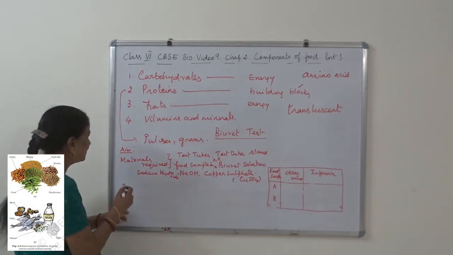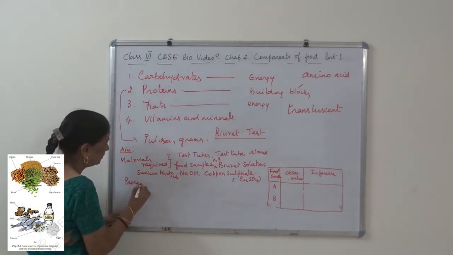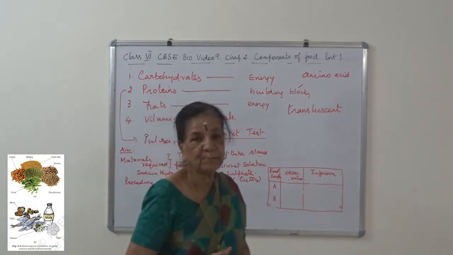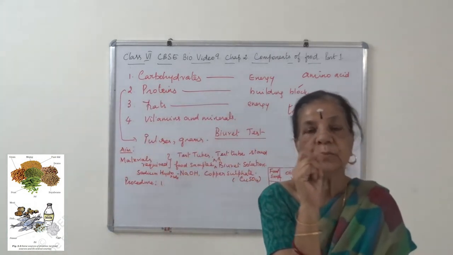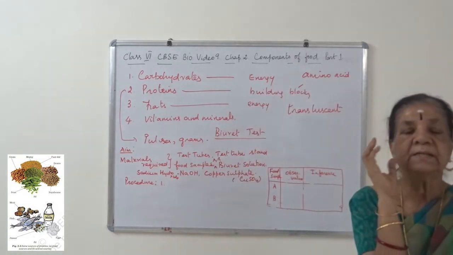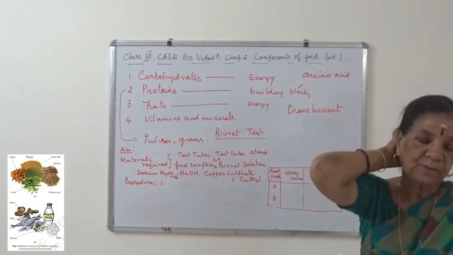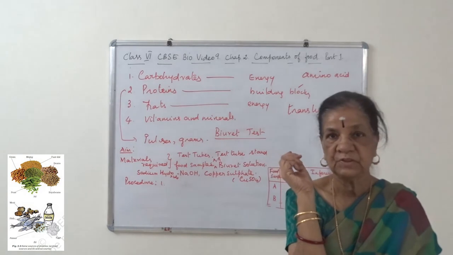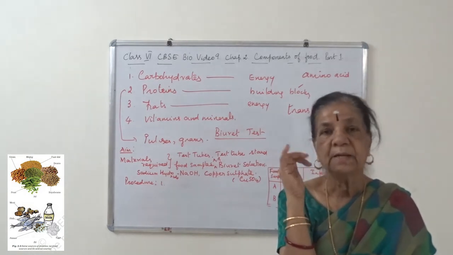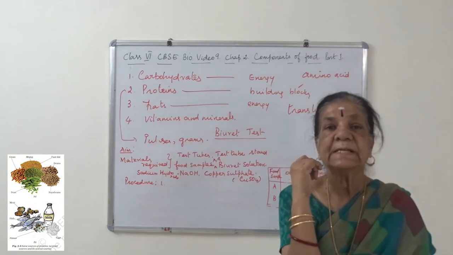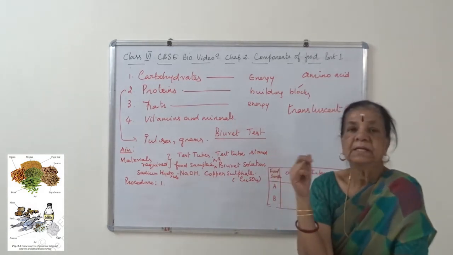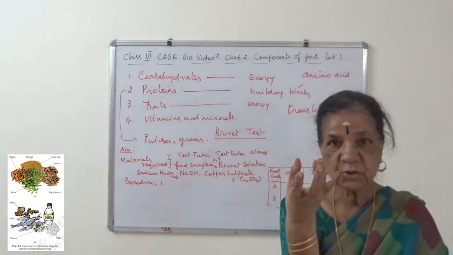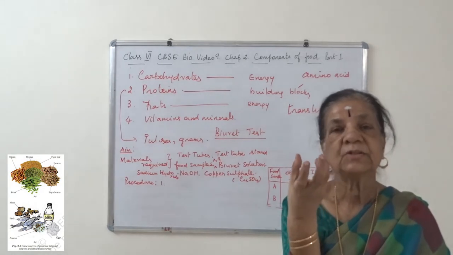Now the procedure. First, you take food sample A in one test tube and food sample B in another test tube. For food sample A, I am just taking salt water. And for food sample B, I am taking a solution with egg white, the liquid white portion.